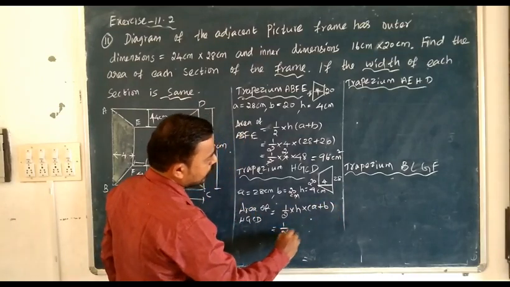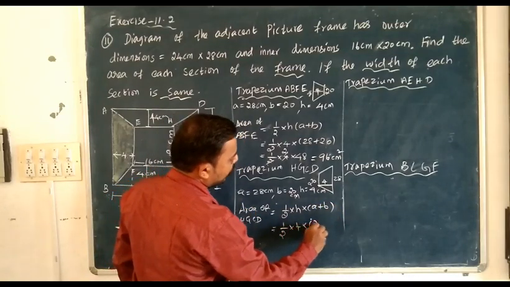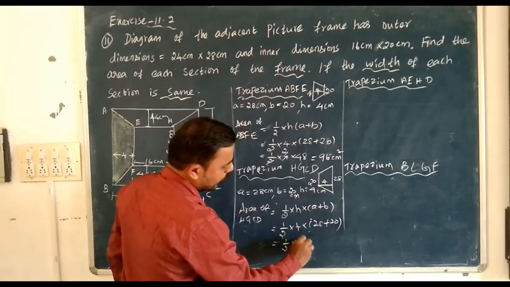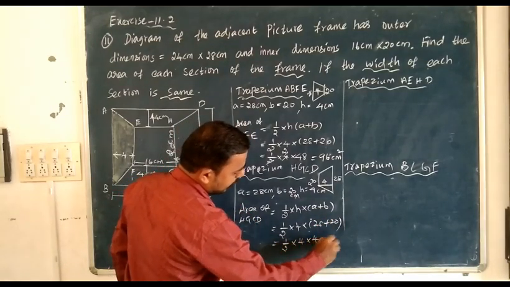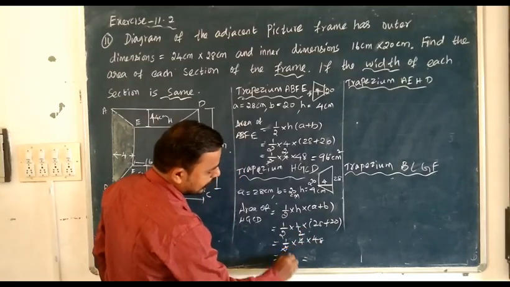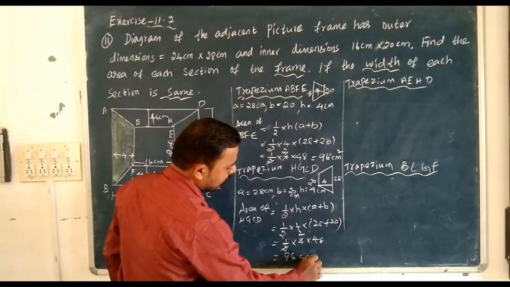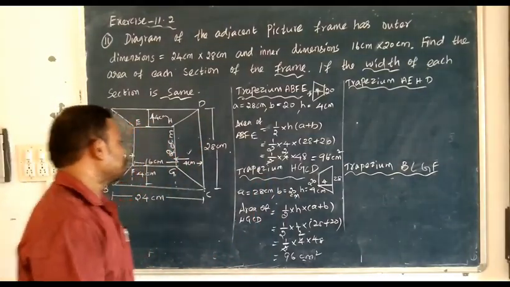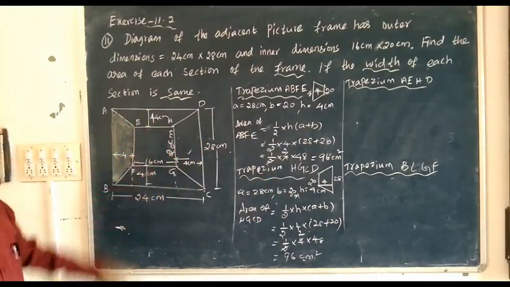So 1 by 2 into 4 into 28 plus 20, so 1 by 2 into 4 into 48. After cancelling, 96 centimeters square. Both are equal, right.